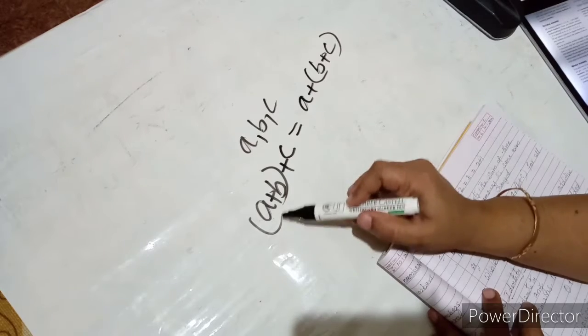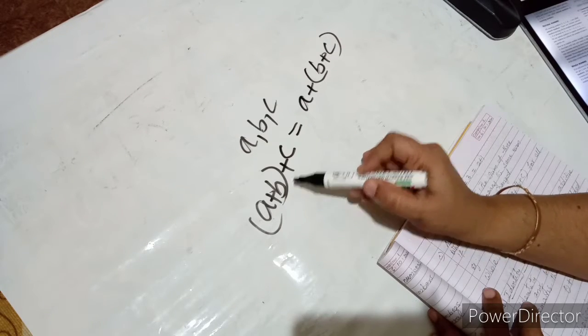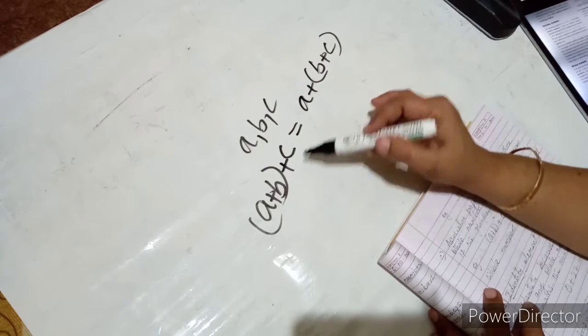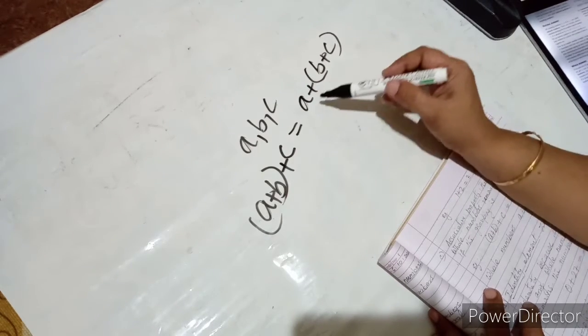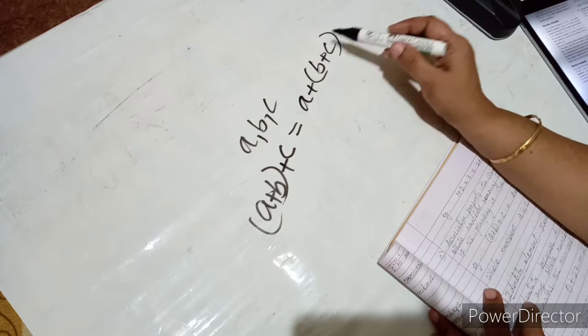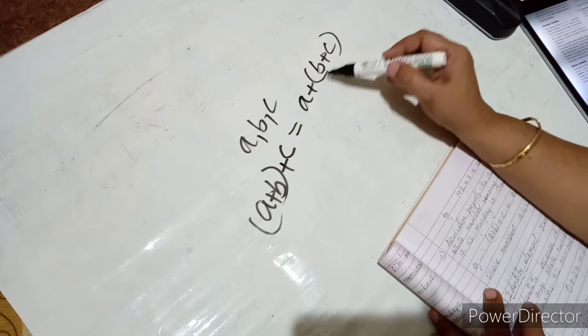Here A and B together we added, and that sum is added to C, and this whole sum is the same as A plus the group of B and C.